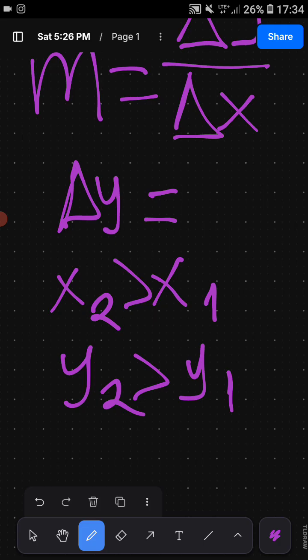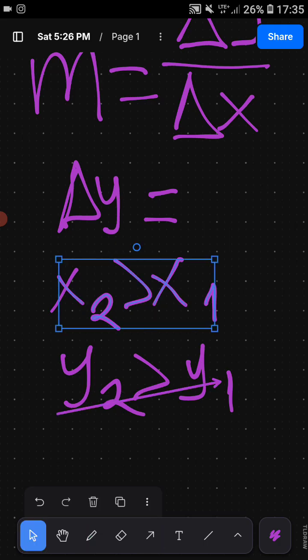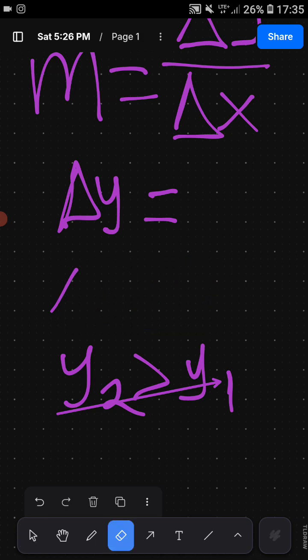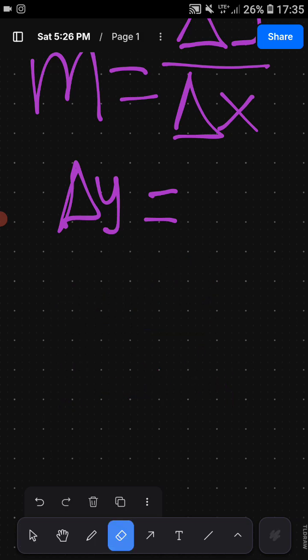Okay, now let's look at how we can see the change in the vertical side.